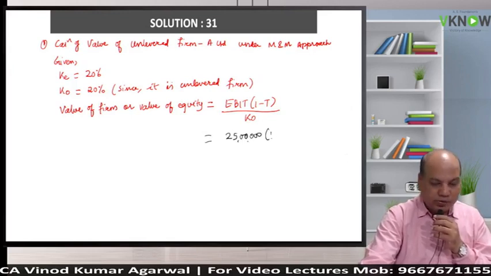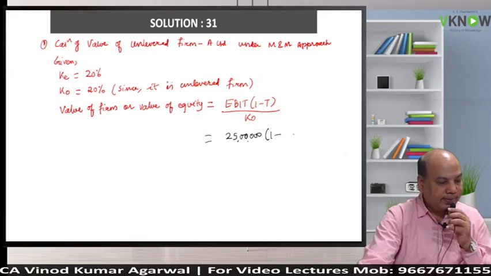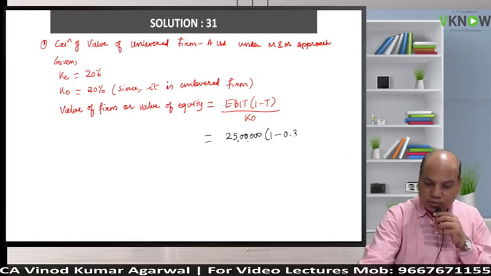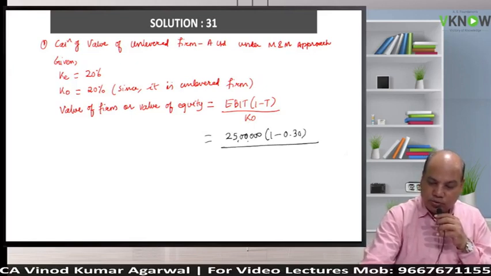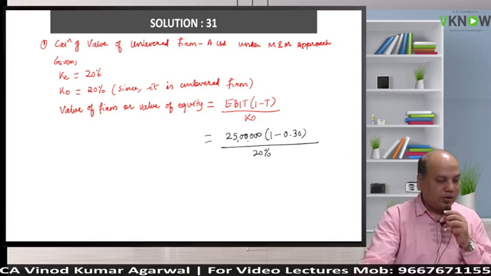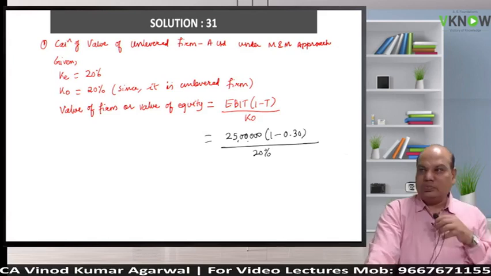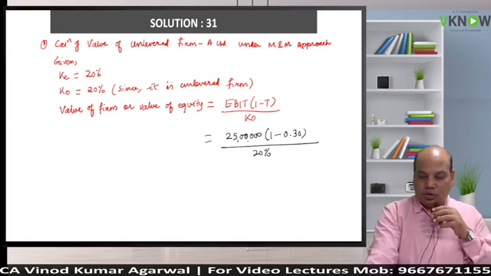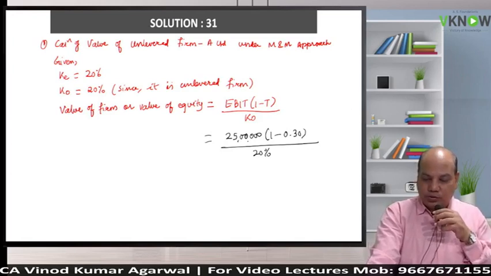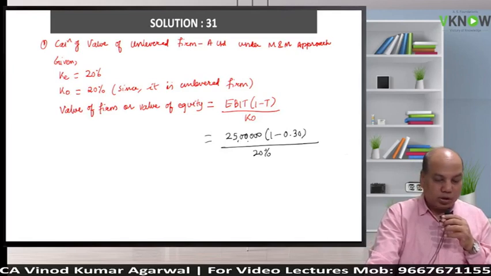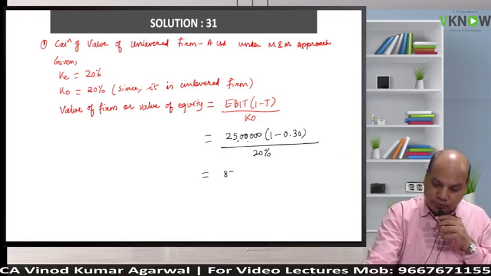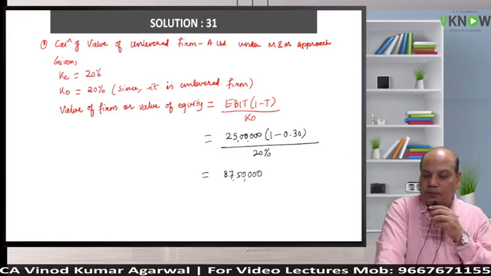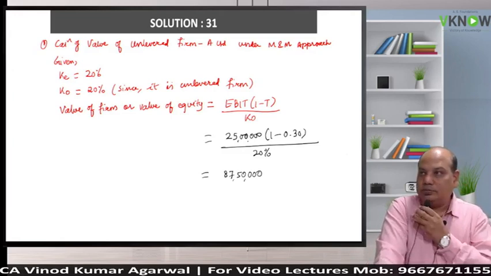Into tax rate, is it given in the question? Yes, sir. 30%. And KO we have written above as 20%. So would you be kind enough to reply: 25 lakh into 0.7, 87 lakh 50,000 is the value of equity or value of firm A Limited?